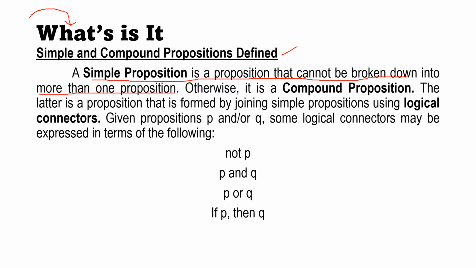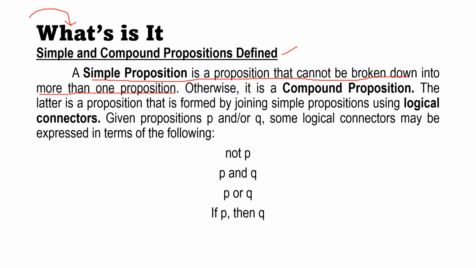What are those connectives or connectors? Those are not, and, or, and if-then. Those are logical connectors for us to combine two simple propositions. But again, a simple proposition cannot be broken because it does not contain any connectives.